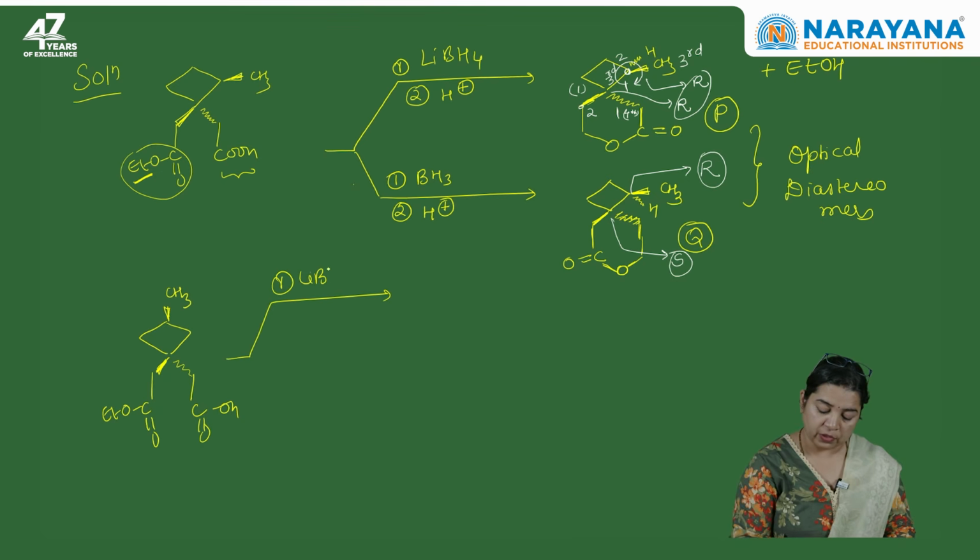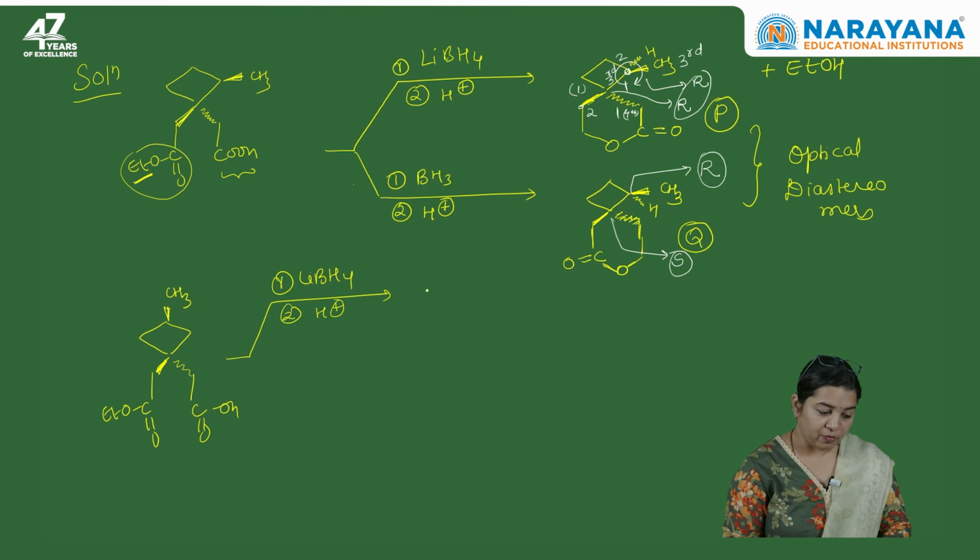LiBH4 reduces it to alcohol, and then H plus is given, so ester will be formed. Once I form an ester, the structure is CH3O double bond.